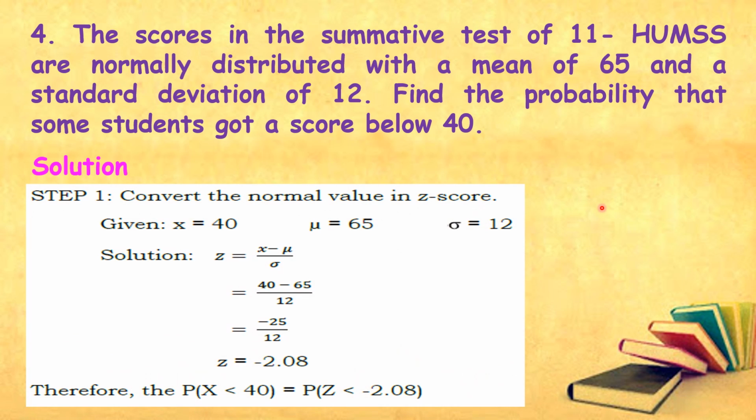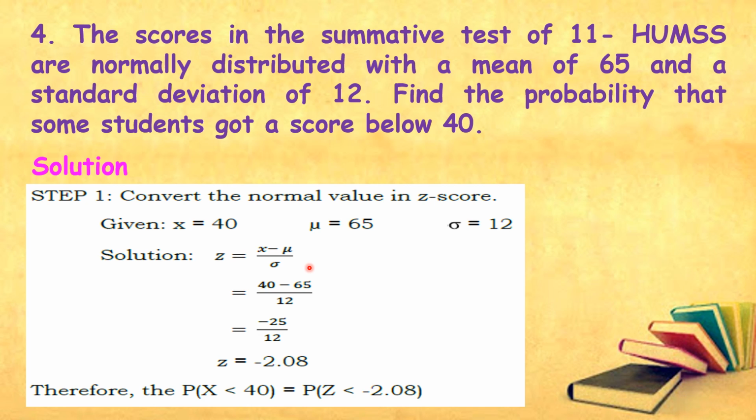Solution. Step 1, syempre dahil ito ay mga normal value yung 40, i-convert muna natin to z-score. So, ano-ano ba yung mga given dyan? Syempre, we have the x. Ito yon 40. We have the mean or the mu of 65 and the standard deviation of 12. Okay, solution, step 1, write the formula.